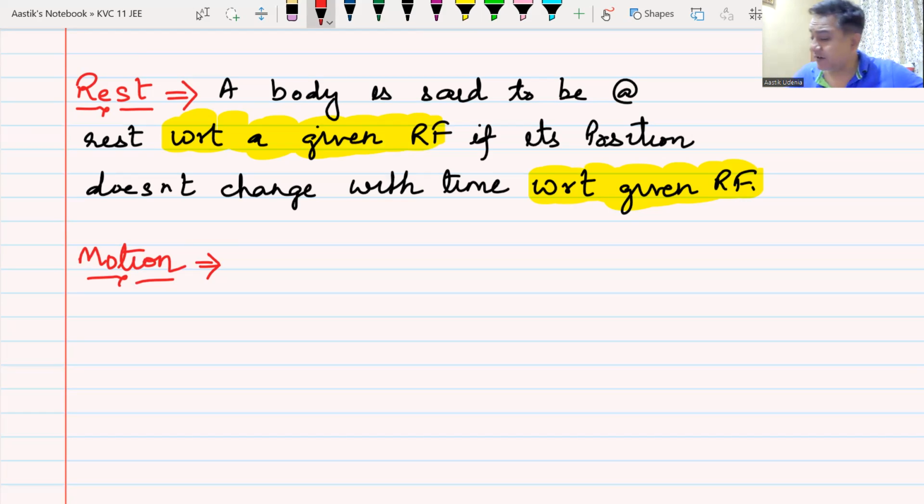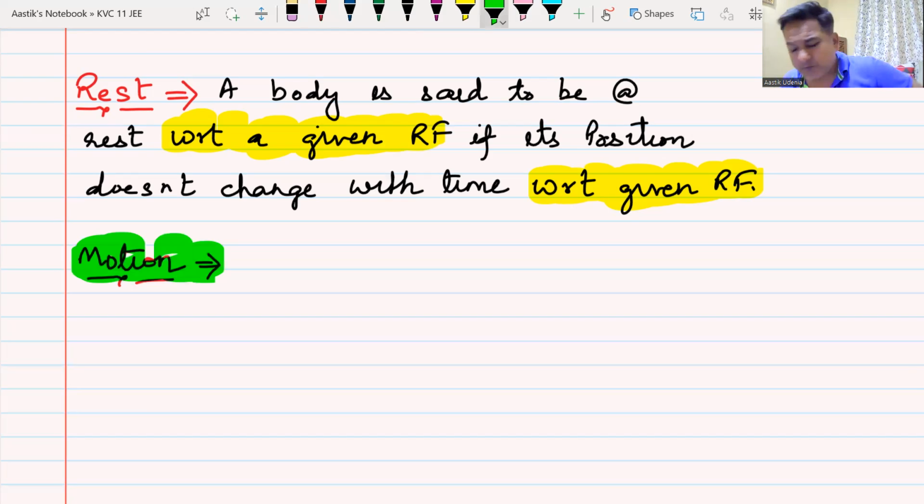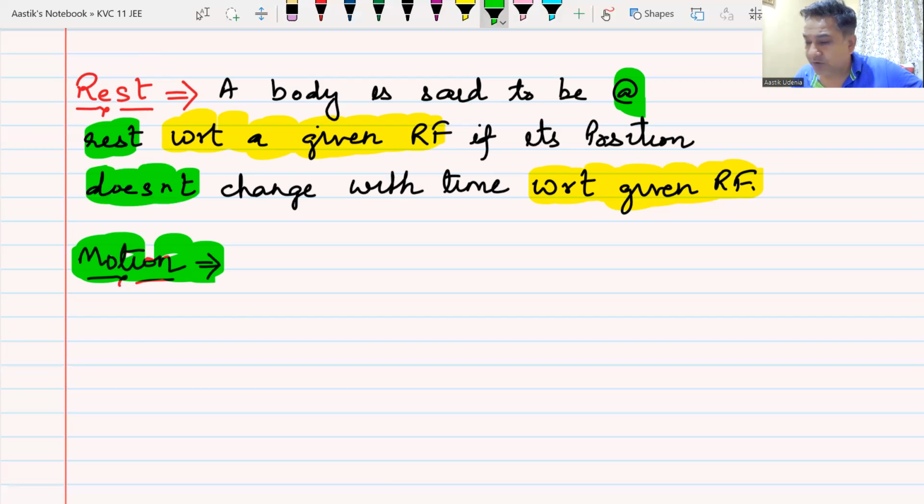Yes. The only difference you have to make in the definition of motion, everything remains the same. Instead of writing at rest, you will write a body is said to be in motion with respect to a given reference frame. If its position, instead of does not, you will just write changes with time with respect to the given reference frame.